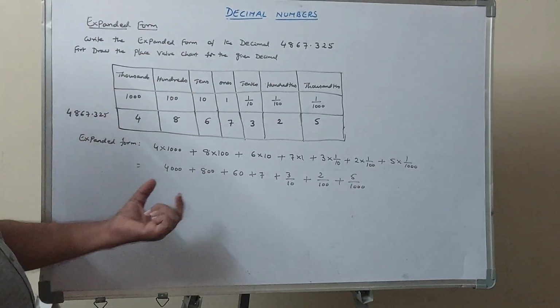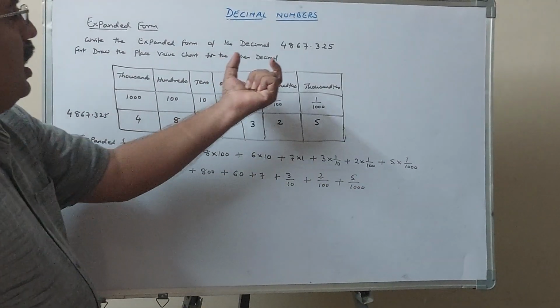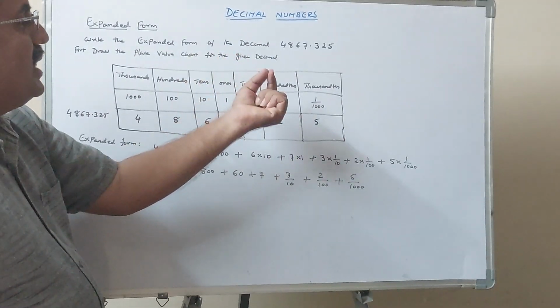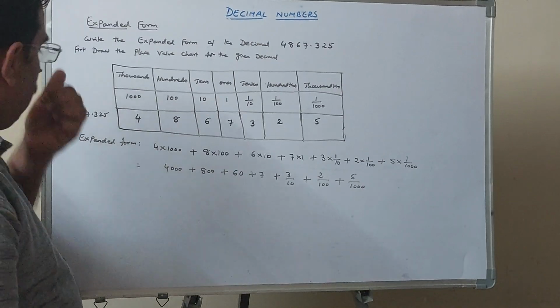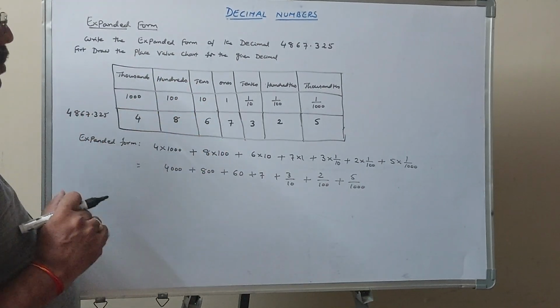This is the expanded form of the decimal 4867.325. Clear? This is the way of writing the expanded form.